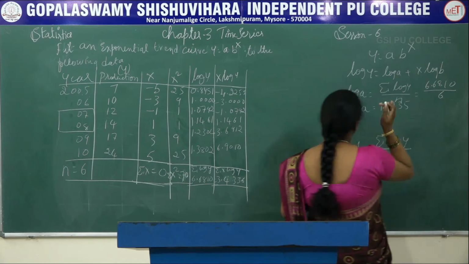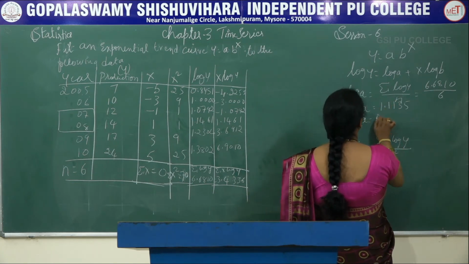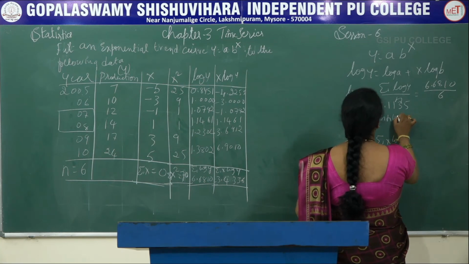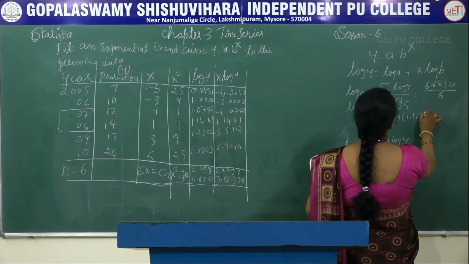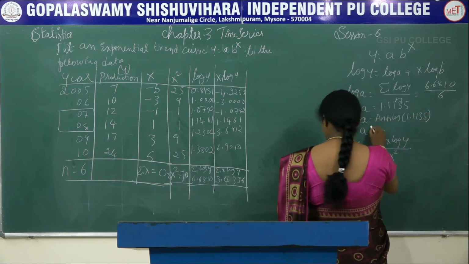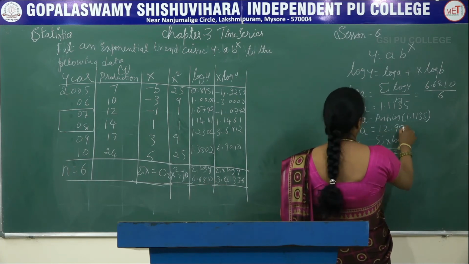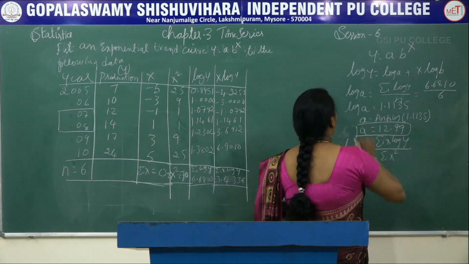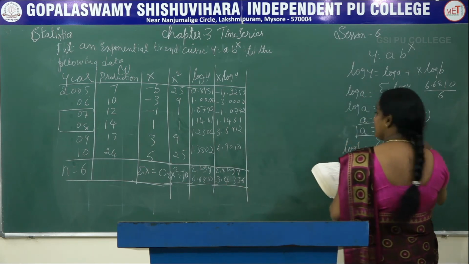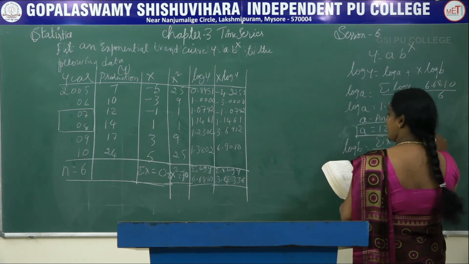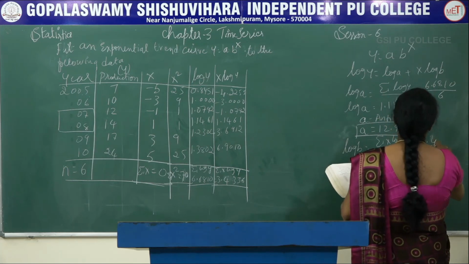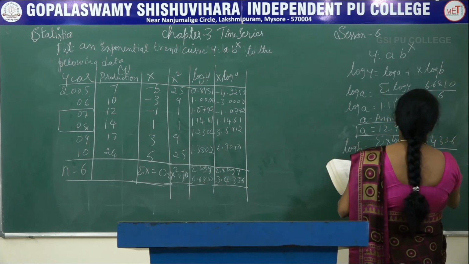1.1135. To find the a value, again we will take anti-log 1.1135, so that your a value is 12.99. And similarly for log b, we will substitute the values 3.4336 and 70.